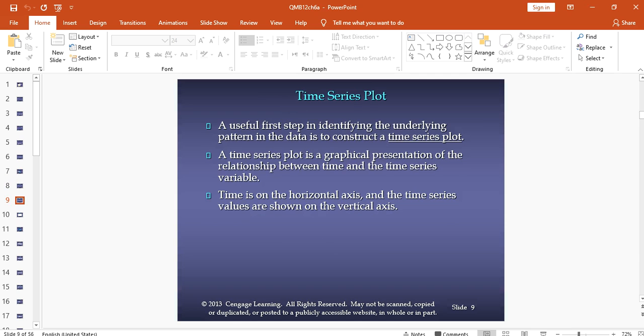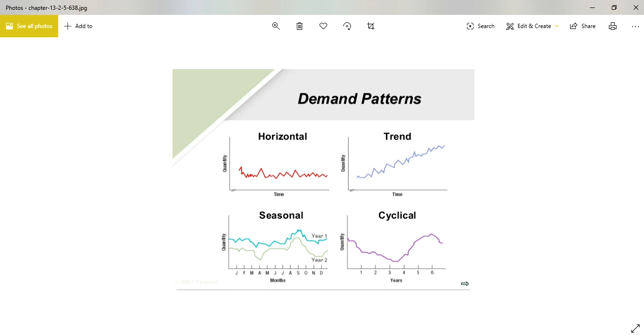We found that there are many trends. When we plot them, the nature of the data tells us many things. Let me share with you a few more trend photos, examples. The trends are here.